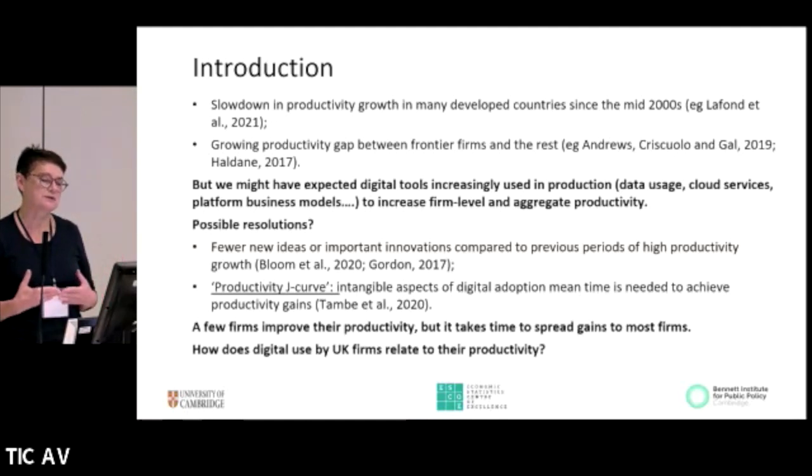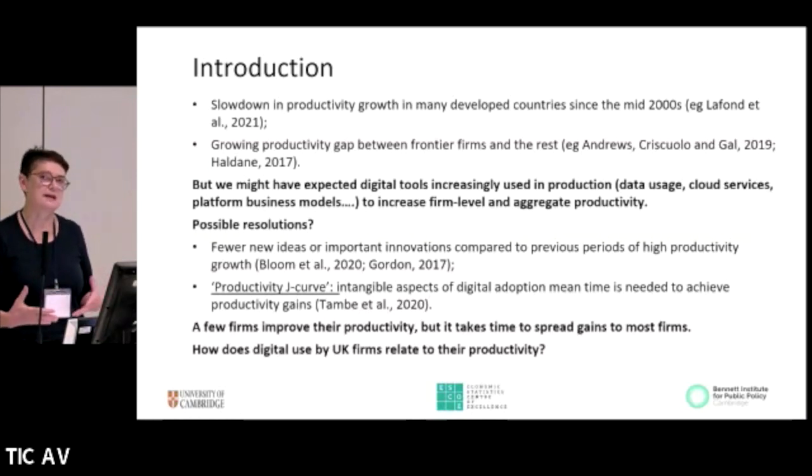One of those that has a lot of traction is that actually it's all being used, but what it's being used for isn't very productive compared to previous eras of innovation. But another alternative is this productivity J-curve concept, that when you first start using these digital tools, you need to learn how to do it, and it might need reorganization by the firm, it might need some complementary investments, so it's not an easy thing to do.